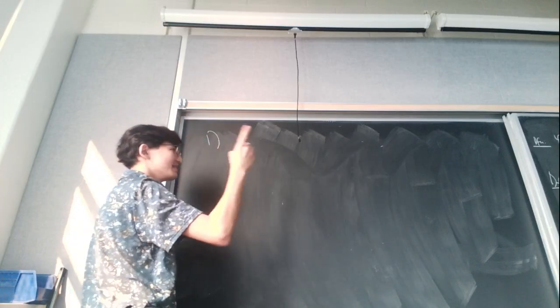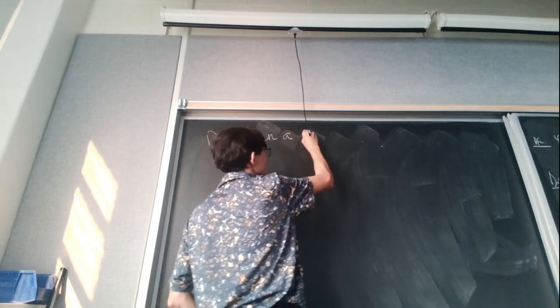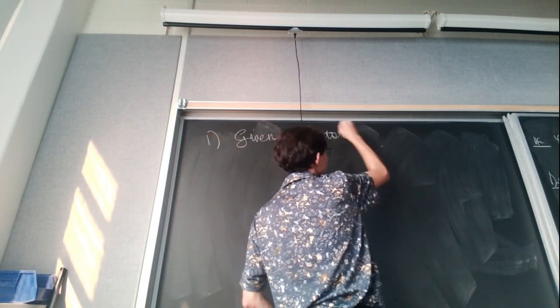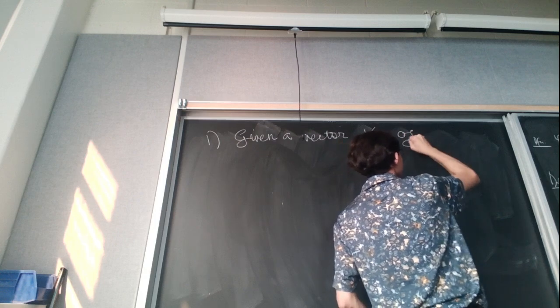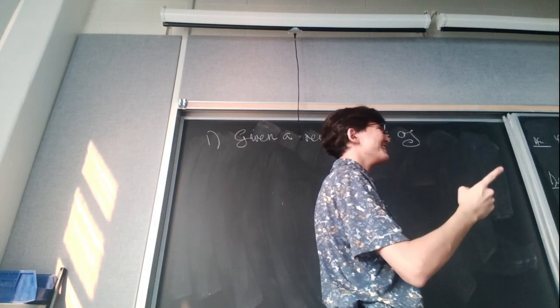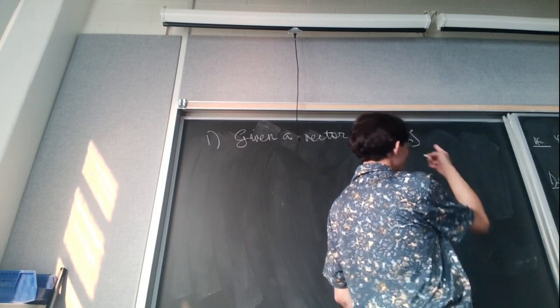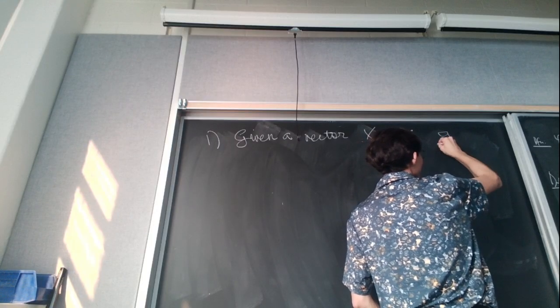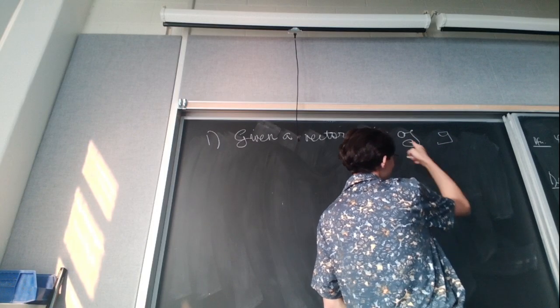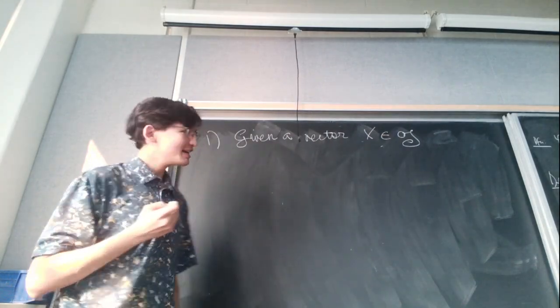There are two statements that need to be proved. And the first one is easy. It's the statement that, given a vector x in your Lie algebra, by the way, in the type, the Lie algebra is usually written like this. Right.